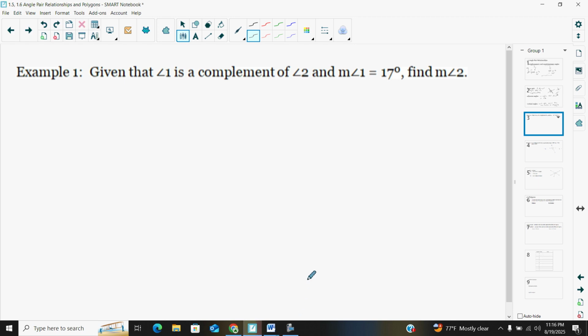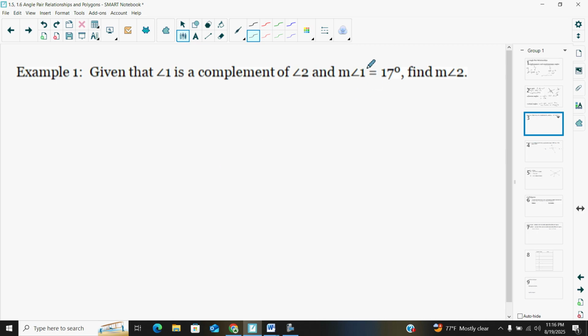Example 1 is a relatively easy one. It says, given that angle 1 is a complement of angle 2, we are looking for the measure of angle 2 if we know that angle 1 measures 17 degrees.